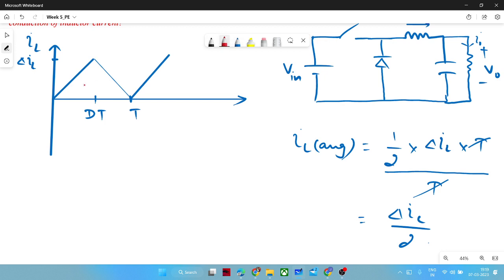So somewhere here we have IL average, and as I told just now, IL average is equal to I naught. So this is your I naught, right? Now we have I naught and we have IL average, and we know the expression of del IL in terms of our V in and V naught. So you can equate both the equations.